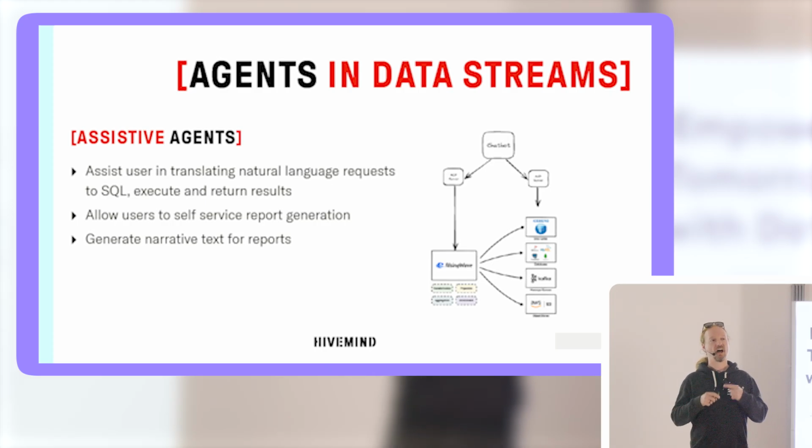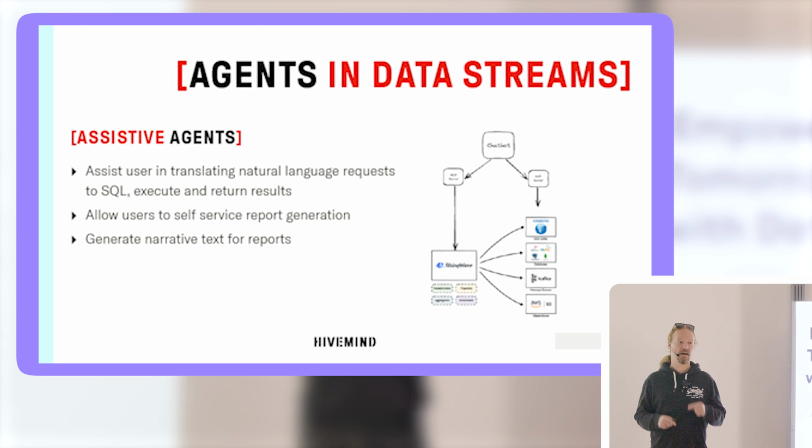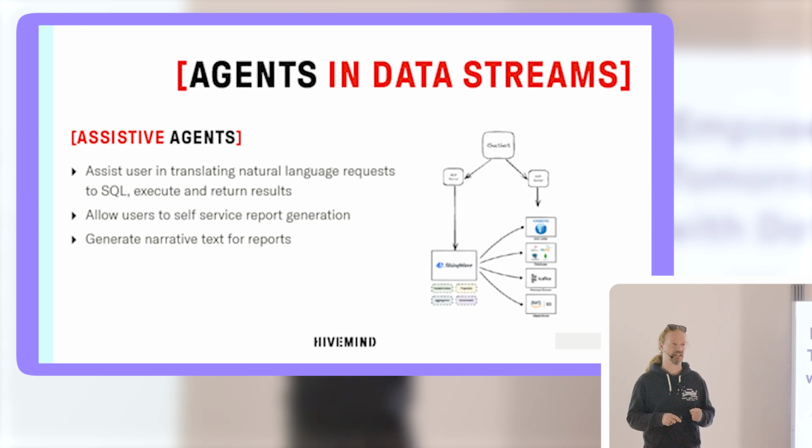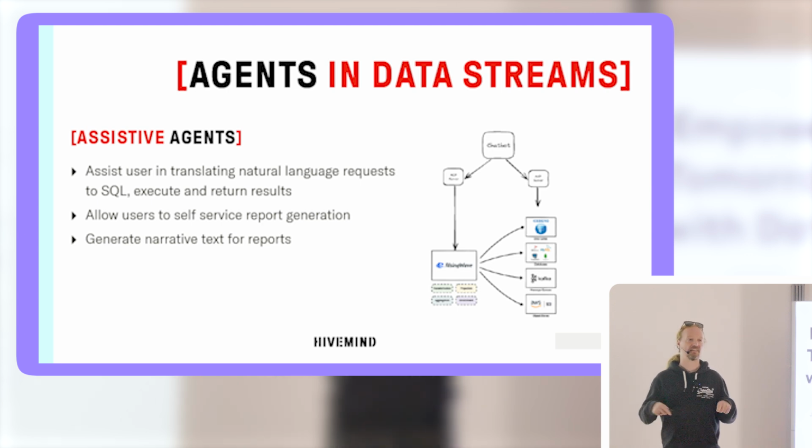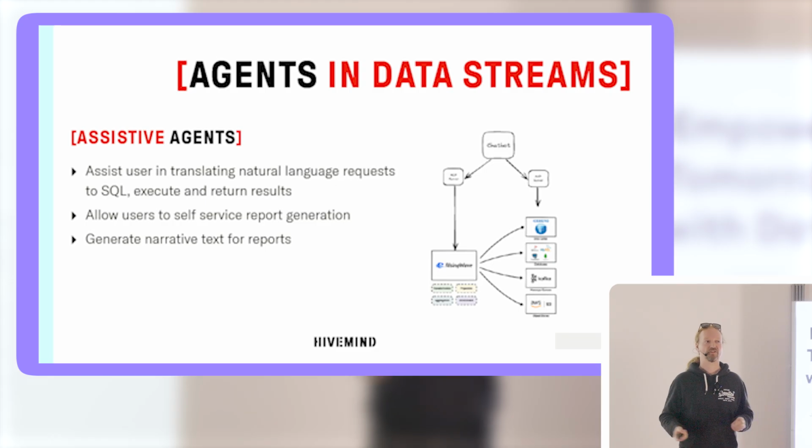Well, you can cut down on this by deploying an assistive agent. An assistive agent will take the user query. The user can just describe what they want, and that will generate a query against your system.